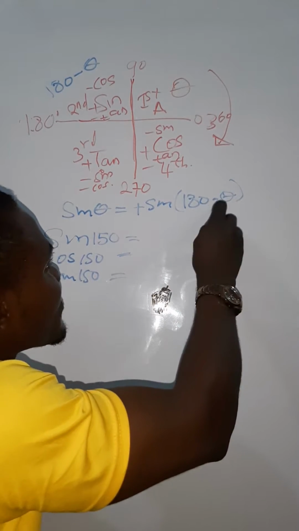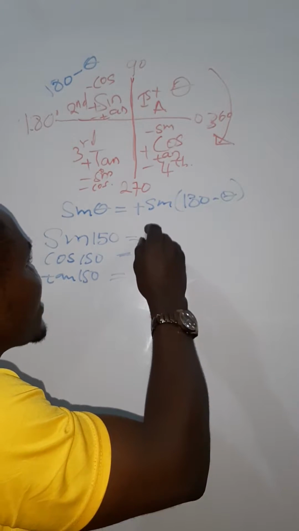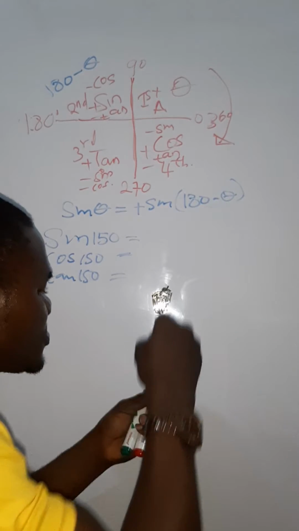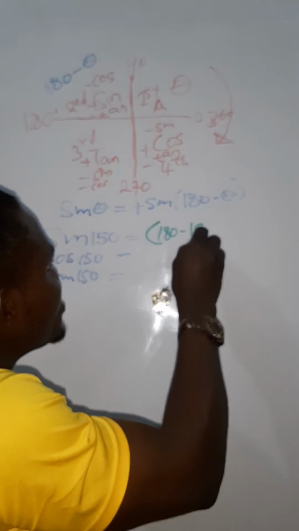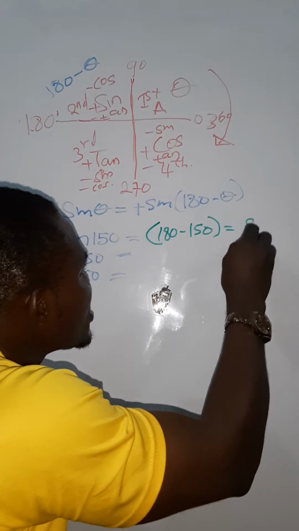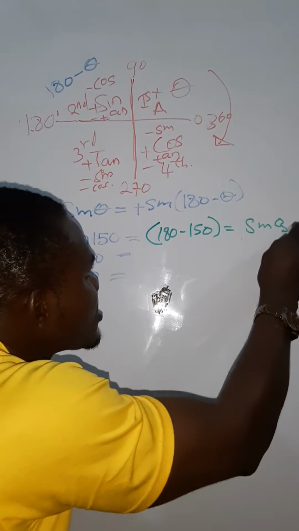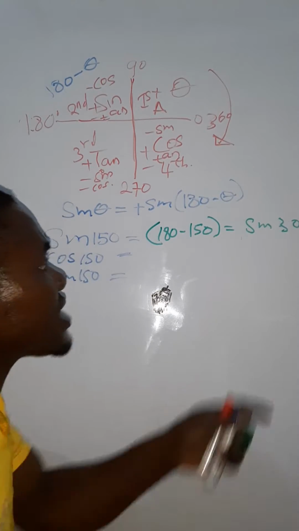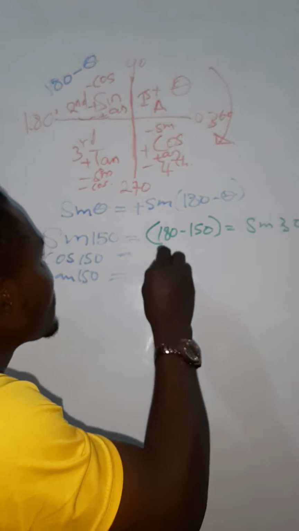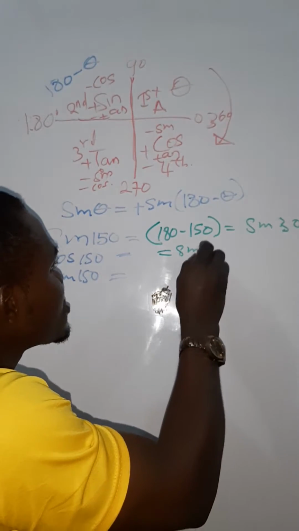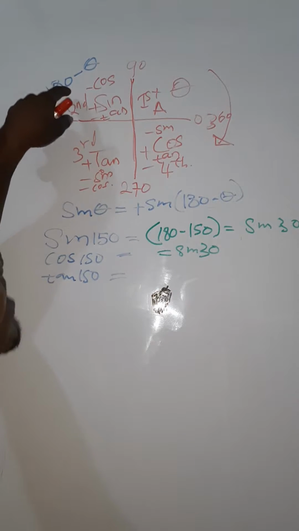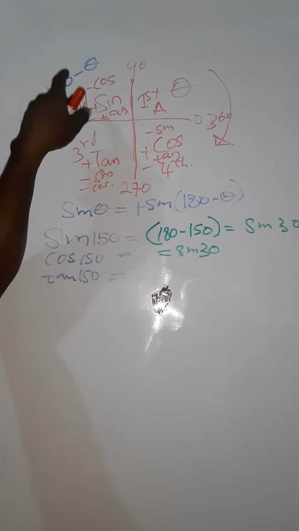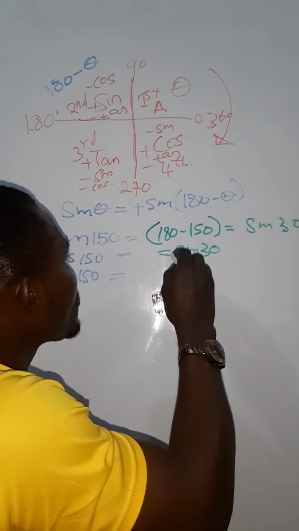Well, if I now apply the formula that is here, it will give me 180 minus 150. So that will give me what? Sine 30. Since it is sine 30, and the final result for sine in the second quadrant is positive, I will put positive here.